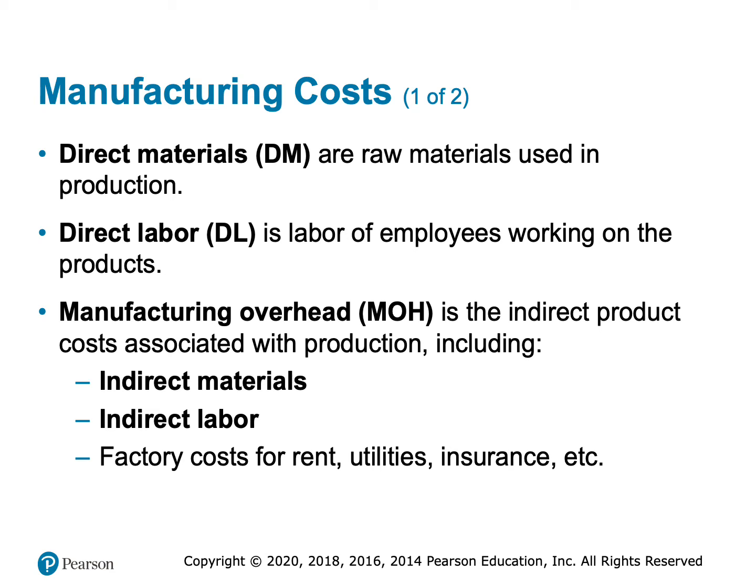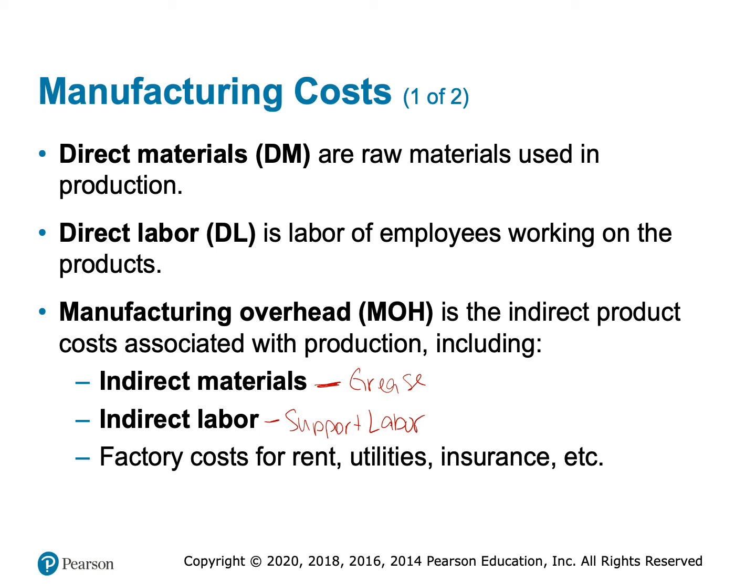It would include those indirect materials like the grease that we can't really measure. It would include indirect labor, which is what I tend to call that support labor. Remember, direct labor is really our hands-on labor, so indirect labor is our support labor. And then it's everything else that we have to pay in order to run our manufacturing facility.